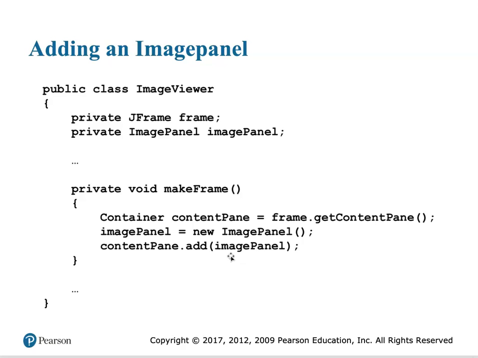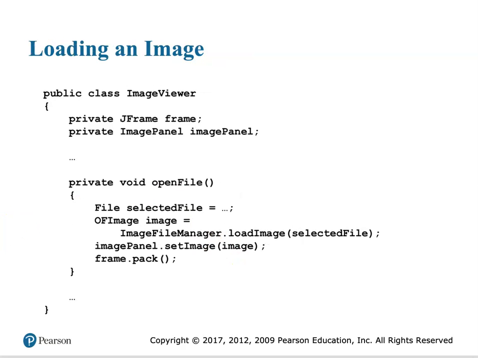In terms of loading an image, we have an open file method, and the dots indicate code being removed from this slide, but just for the general purpose. When we open file, we need to get the selected file, which will give us a file object.